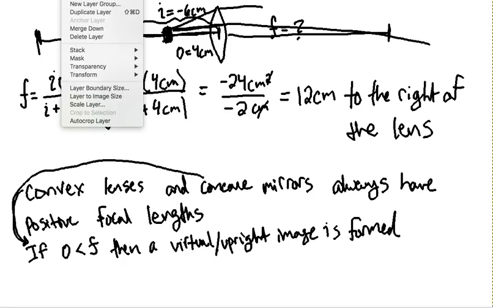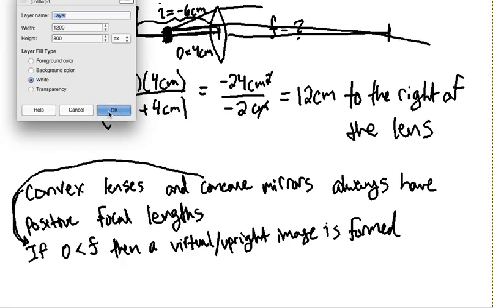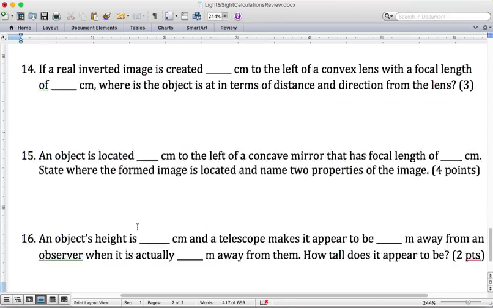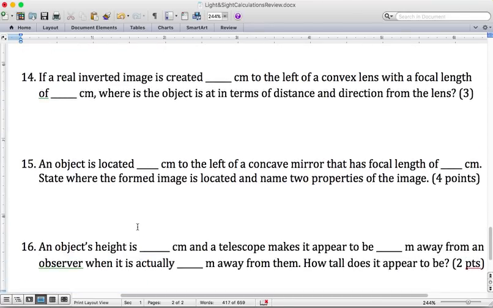Okay, moving along. Now we're going to jump to number 14. Getting close to the end here. A real inverted image is created blank centimeters to the left of a convex lens. Wait, I want to do 13 actually.